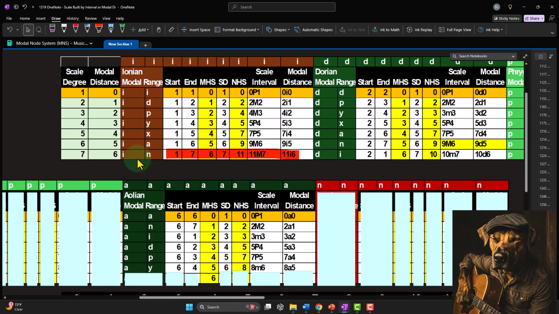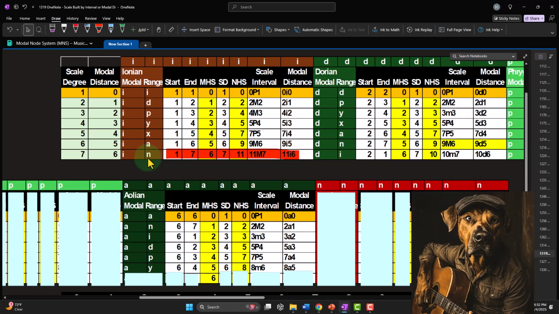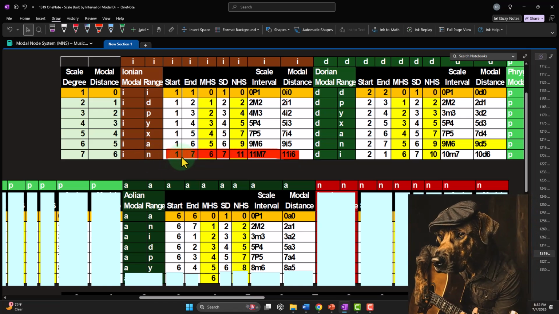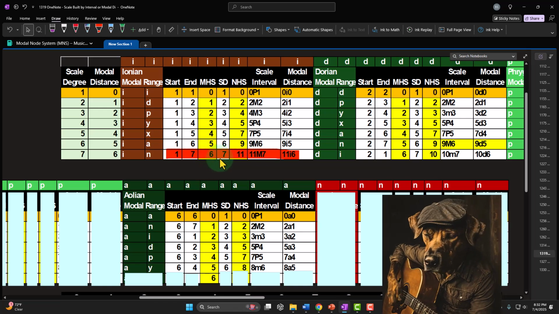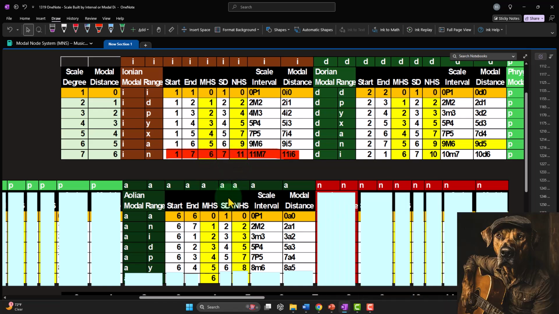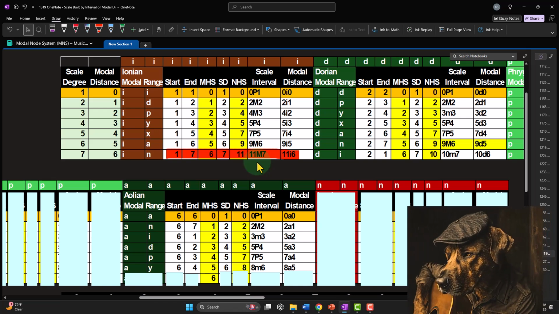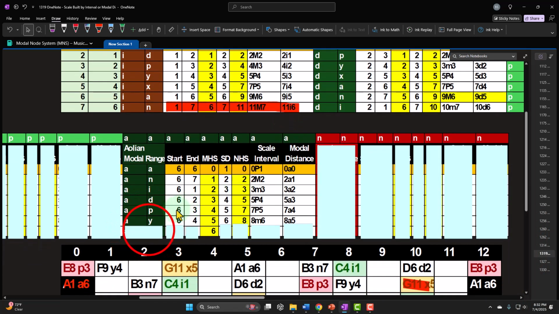If I start from the Ionian and I go 6 continents to the right, I land on the Locrian because it's a 1-7 modal range, because I went up from the 1, 6 continents to the right or clockwise, which gives us the 7th scale degree, 11 note half steps. So it would be an 11 note away major 7, or an 11 note away from the Ionian node, 6 modal half step.